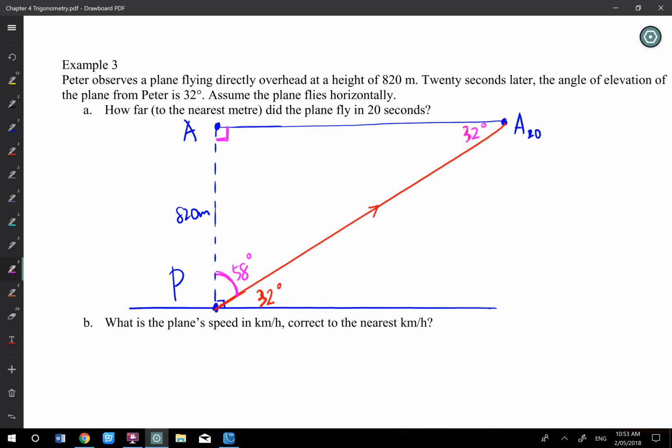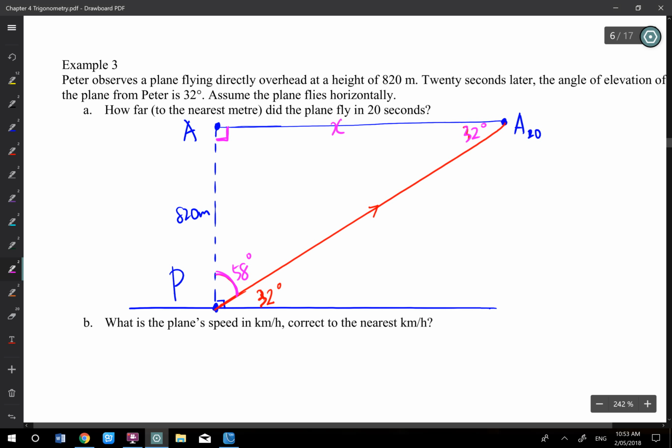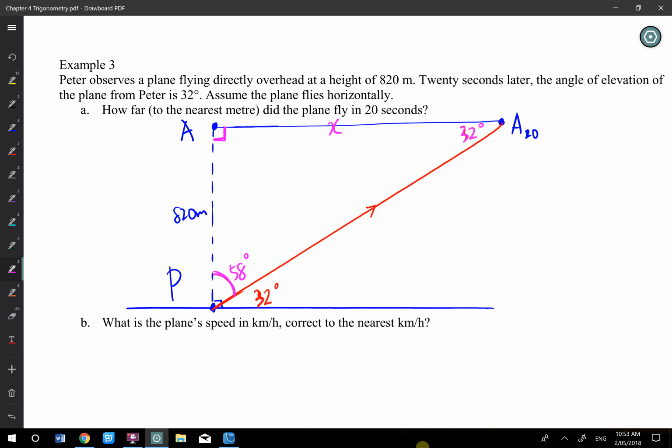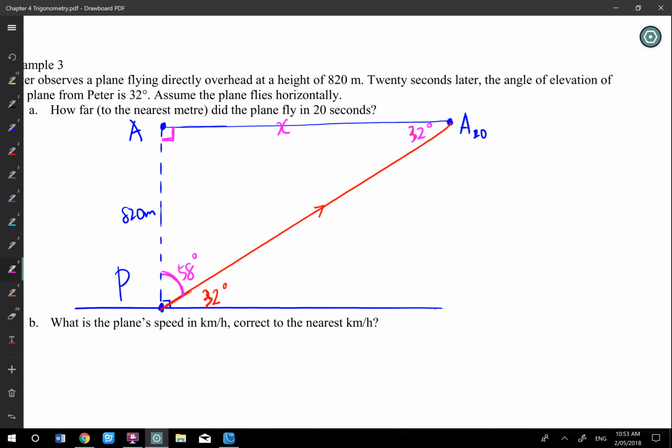The question is, how far to the nearest meter did the plane fly in 20 seconds? Let's say x is the distance. That's how far the plane flew in 20 seconds. What can you do to find x?